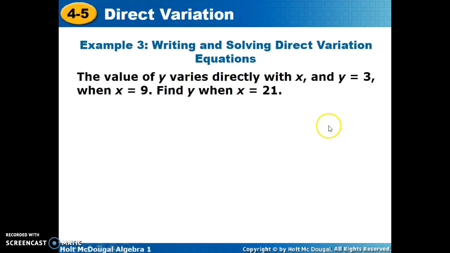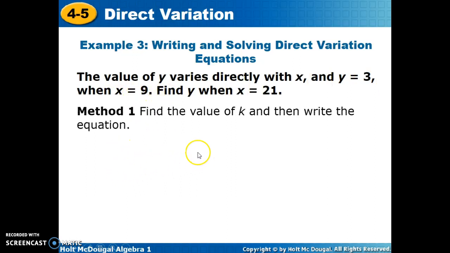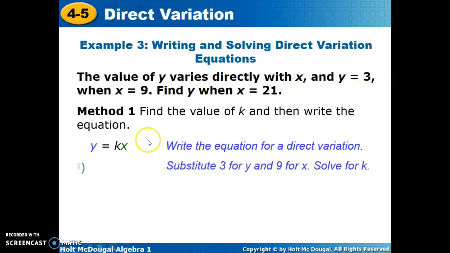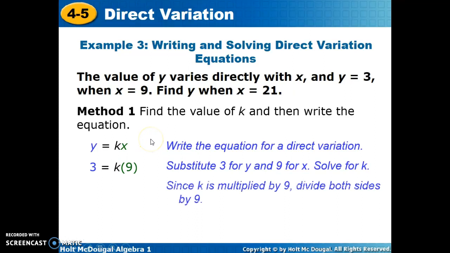The value of y varies directly with x. Y is 3 and x is 9. We know that these numbers have to fit into our function y equals kx. We have an x value and a y value, and if we substitute those in to our function, we can solve for k.